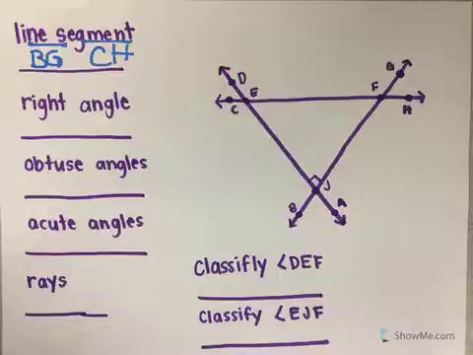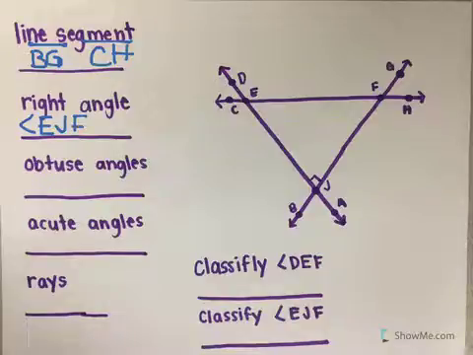J, E, F. Hold on. Remember, 3 letters, and your vertex, the point by the square, is going to be your middle letter. So it's going to be angle E, J, F. Perfect. E, J, F. Because that is our right angle.